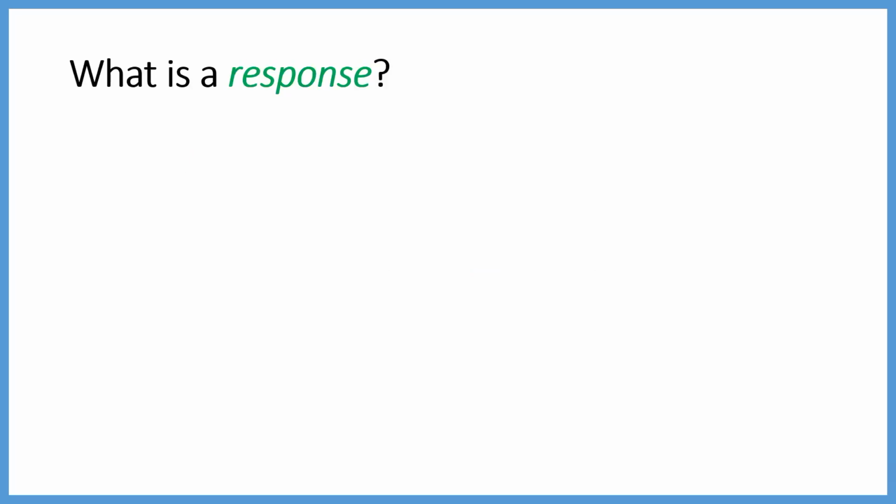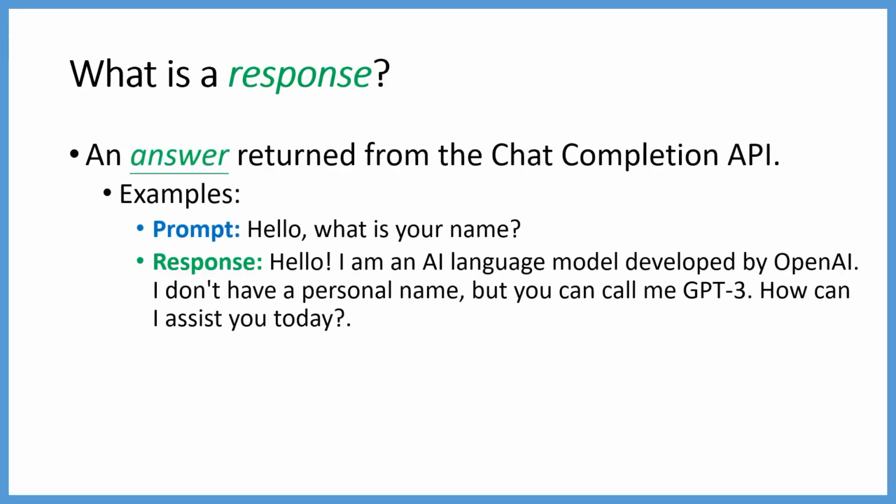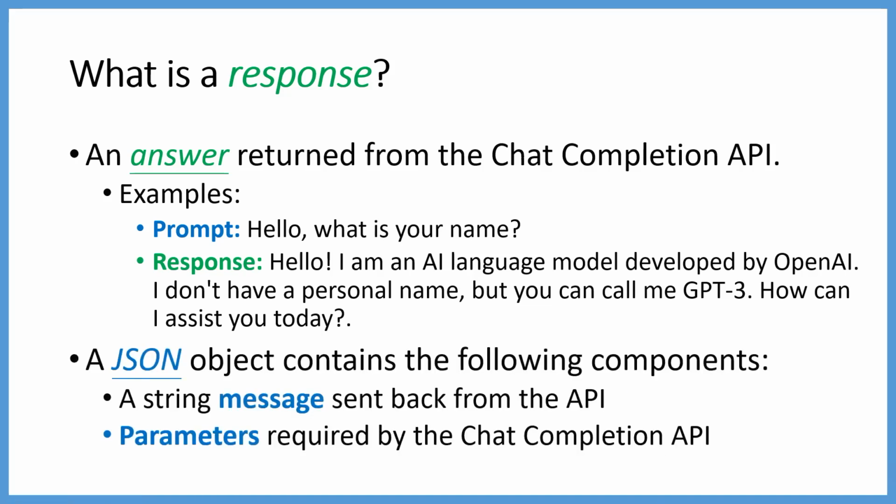Then what is a response? It's plain and simple. It's the answer you receive from the API. If you send a request to the API saying, "Hello, what is your name?" this paragraph is probably what it's gonna return to you. And of course, the API returns the answer string along with some required fields in a JSON object.